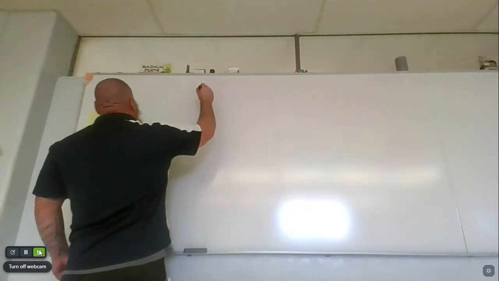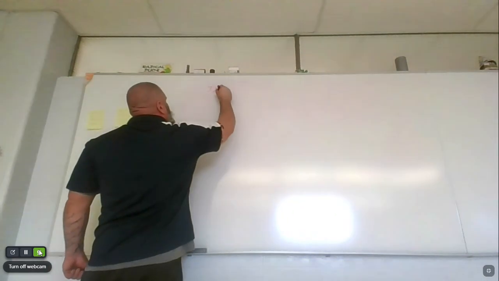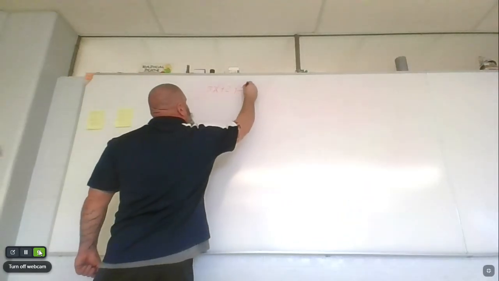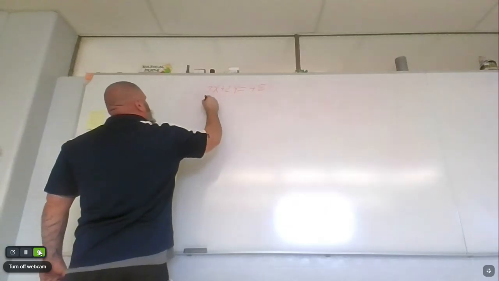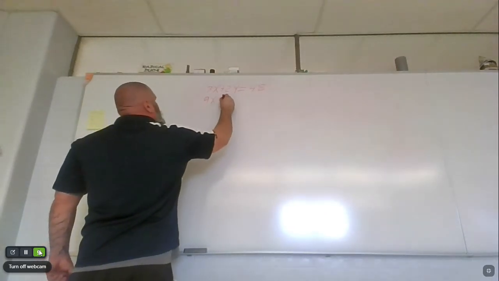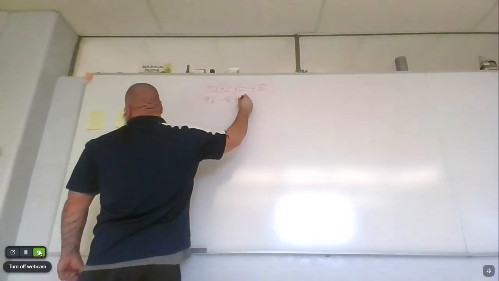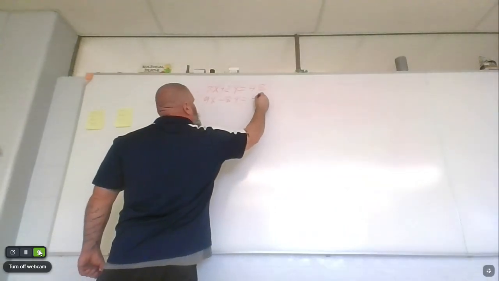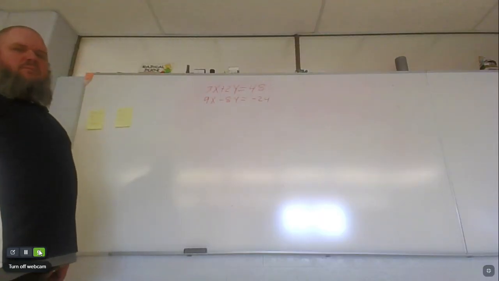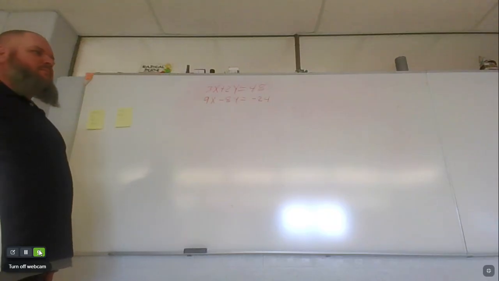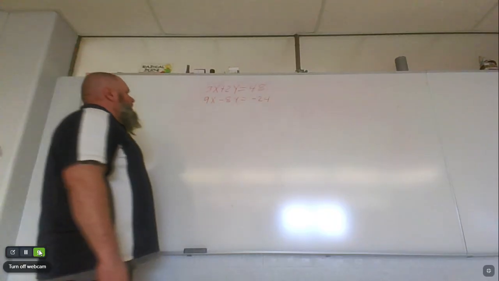How about 3x plus 2y equals 48 and 9x minus 8y equals negative 24. Go ahead and pause the video, solve, and come back when you're ready. All right, welcome back.